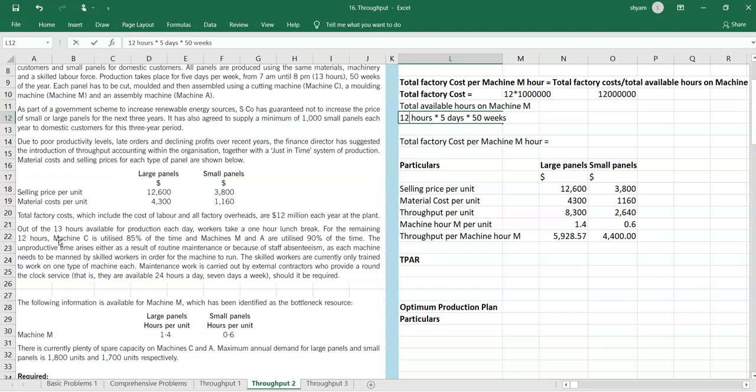And they say that machine C is used 85% of the time, machine M is used only 90% of the time. So M efficiency is only 90%. So we are finding out what's the total time machine M is operated. Then 12 hours per day, 5 days per week, 50 weeks per year.